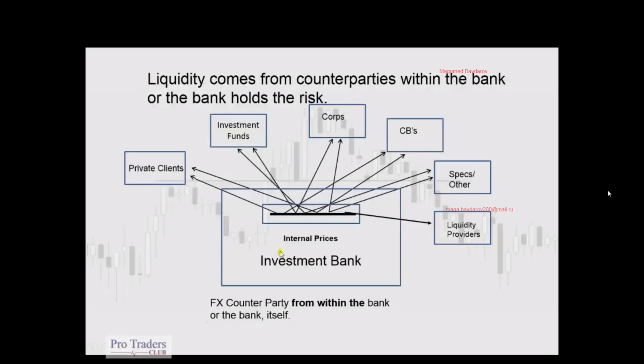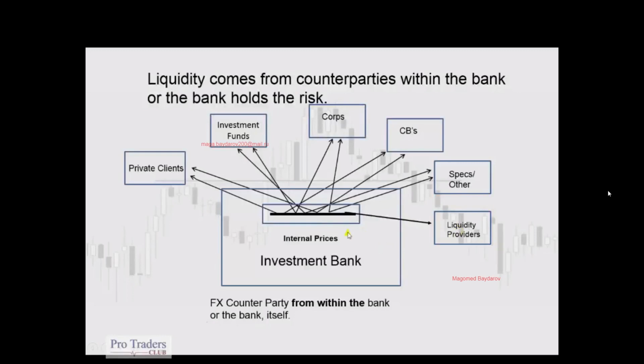So a large amount of the revenues come from foreign exchange fees, because virtually every business entity and even personal entity has demand for foreign exchange, has foreign exchange interests at some level. So the investment bank would have private clients, investment funds, corporations, central banks, other speculative entities, and it's virtually endless as well. We're going to talk a little bit about some of the liquidity providers.